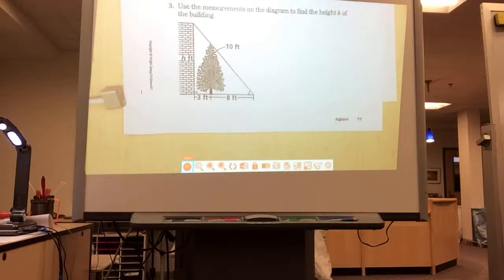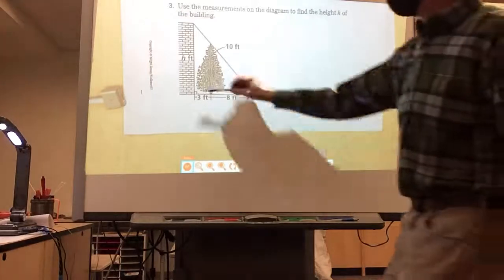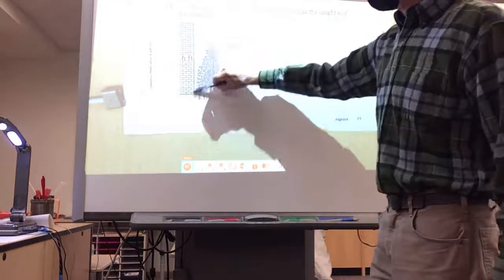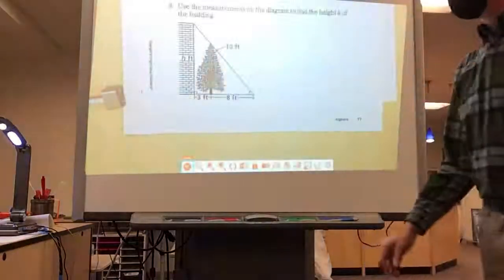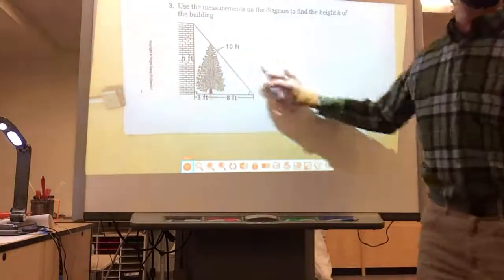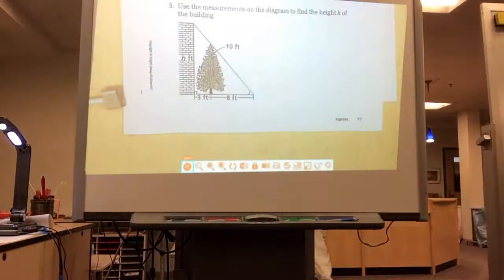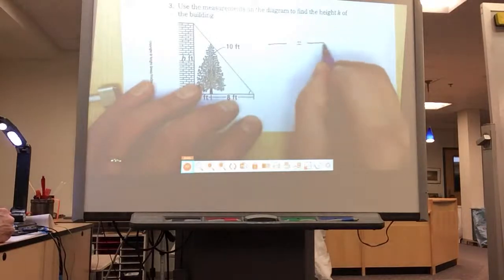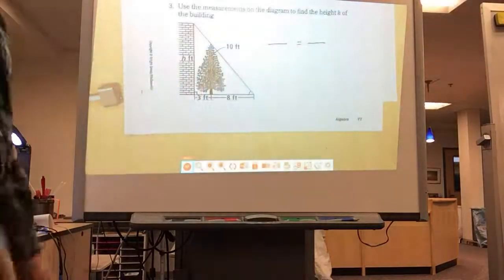We can use the proportion that we set up to find out how tall the building is. So you might be able to measure the tree, but you don't measure the building quite as easily. So how would this get set up? Two fractions set equal to each other every single time.